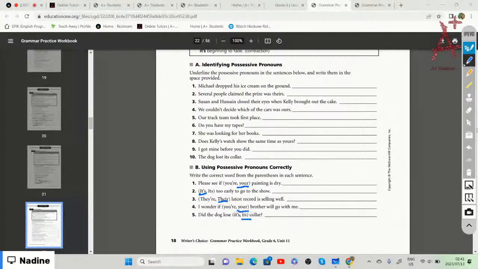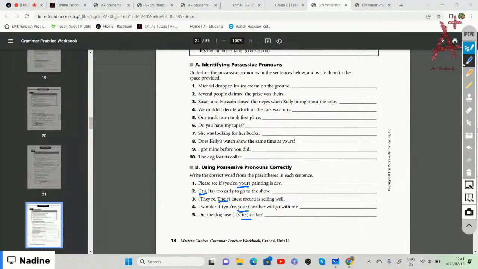And those are but a few examples, let's say, from an activity with five sentences of using possessive pronouns correctly, right? And remember the "its," which is without the apostrophe, and "it's," it apostrophe s, right?